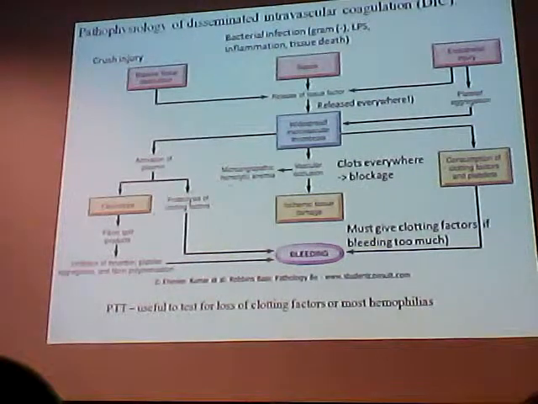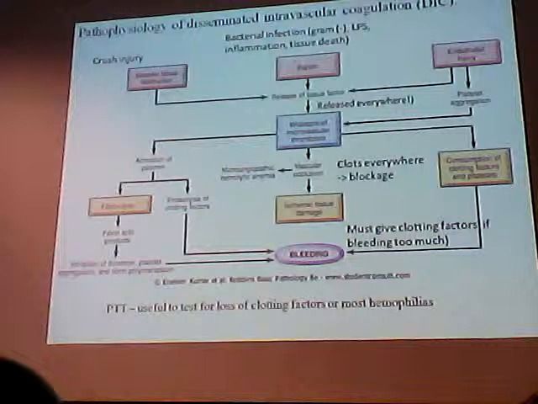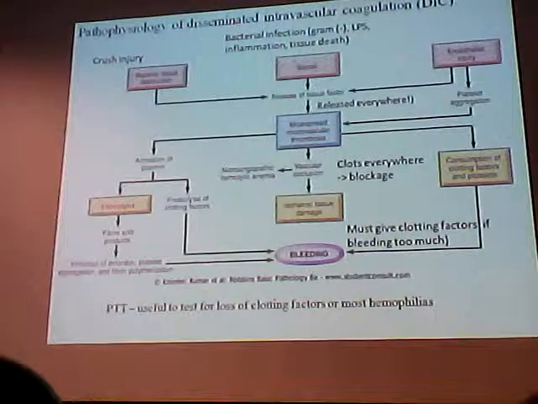But if you break up too much of the clots, you can lead to too much bleeding. And then if it's too much bleeding, you need to clot again. So it goes back and forth, and those are the things you have to watch out for with DIC. There's clots everywhere, so the blood isn't getting through, but if you treat too much, then there's too much bleeding everywhere. So it's a fine line between the two.